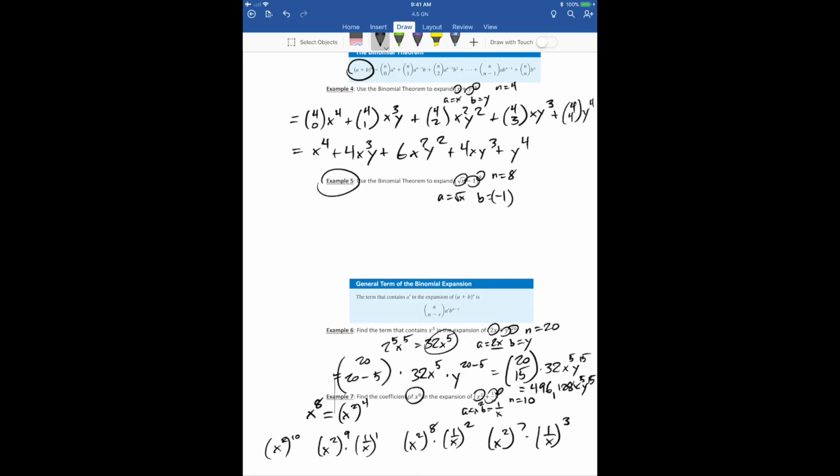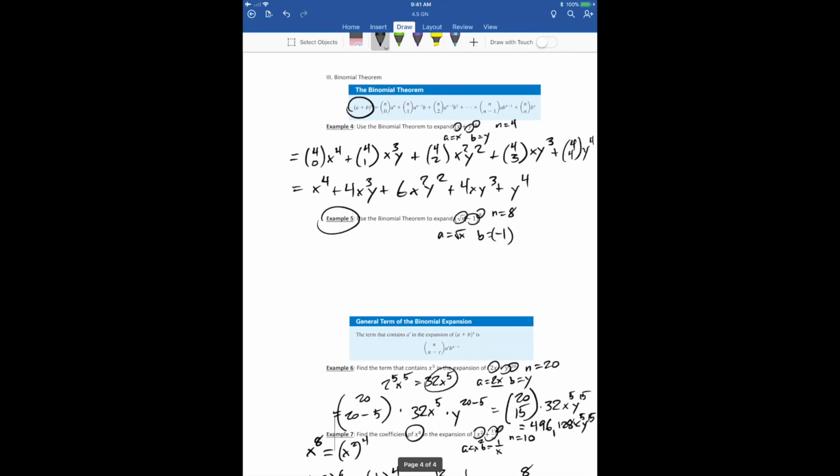It's none of those. Okay, x squared to the 6th times 1 over x to the 4th. So that's x to the 12th times 1 over x to the 4th, which is x to the 8th. All right, so I found the term that I need.